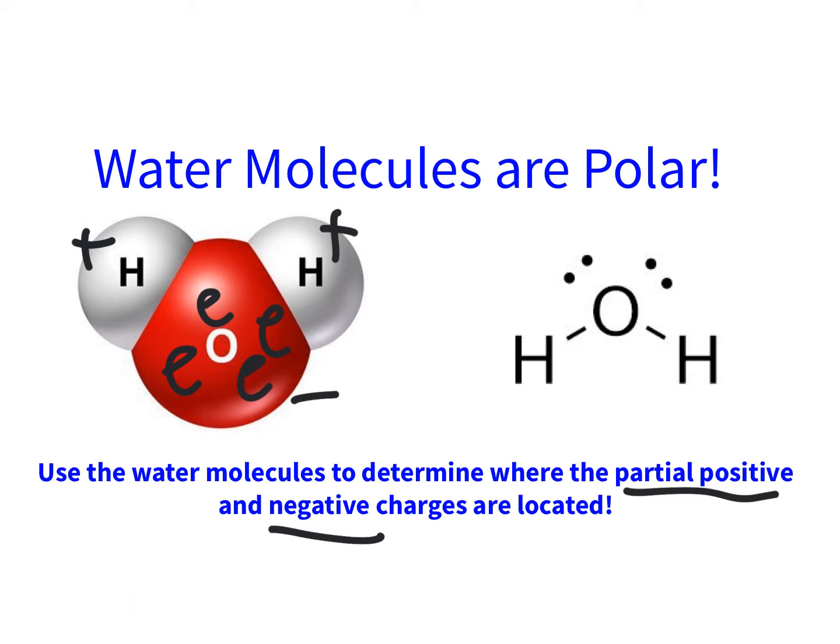A sign that you might want to know is when we are showing a partial positive charge and a partial negative charge. We use these kind of weird looking symbols here with a little plus to say positive or a little minus to say negative. So you'll probably notice those on some of our future slides.